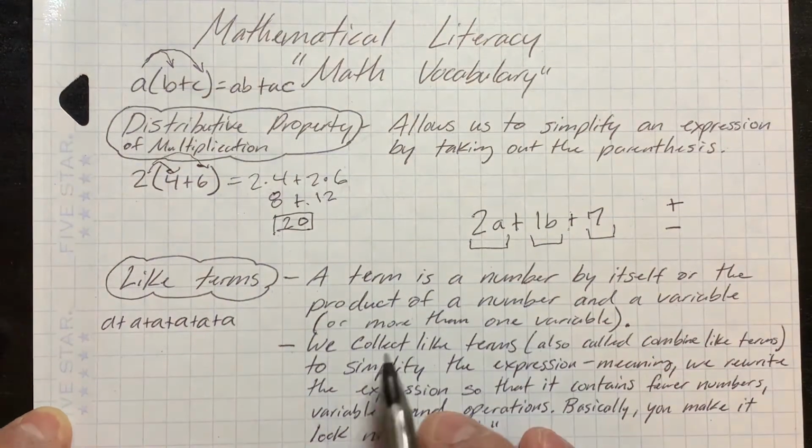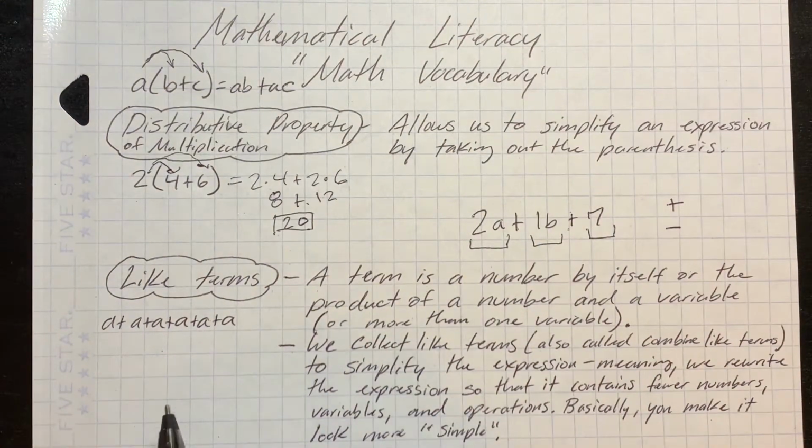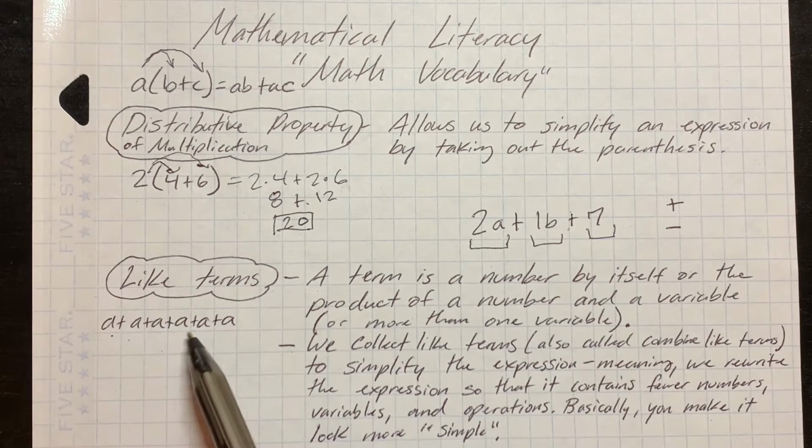Here's what I mean. Let's say that we have Ranshaw here. Ranshaw has 6 apples in her basket. We're going to call each apple A. So if we count, there's 1, 2, 3, 4, 5, 6 apples in the basket.